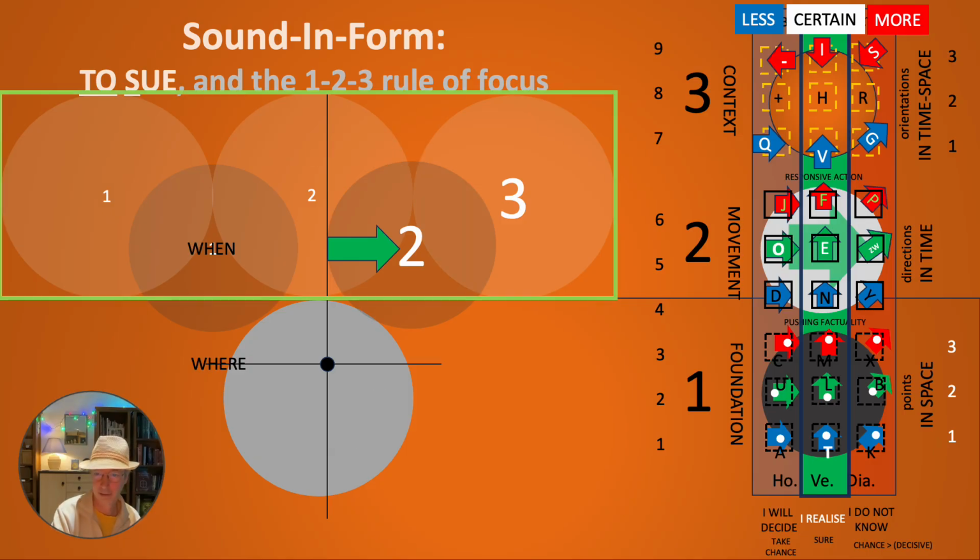The next frame of focus will be in S, so your real verb starts with S, so that's the last category, the 1, 2, 3 category. So there we will start to focus on the sue itself.